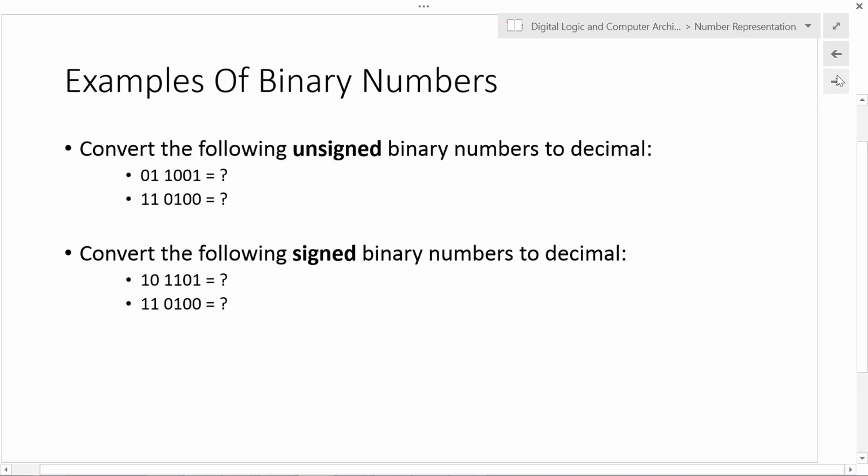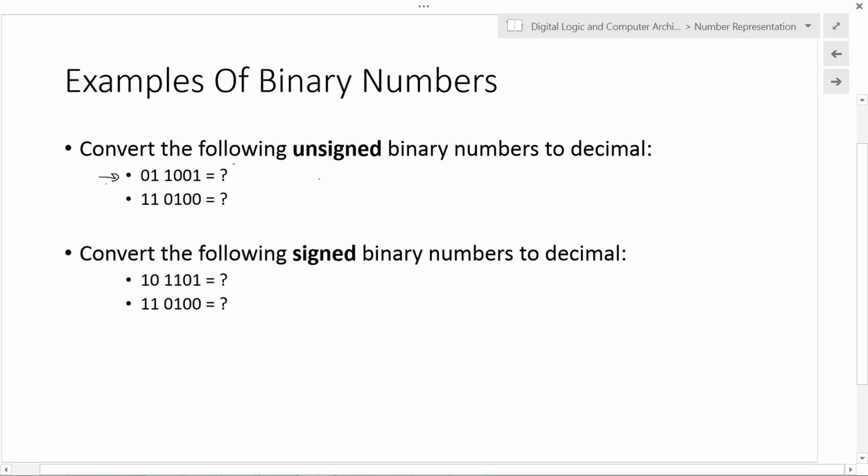So some examples of binary number conversions that we can do here. How do we convert these numbers from binary to unsigned decimal? Here, let's start with this number.